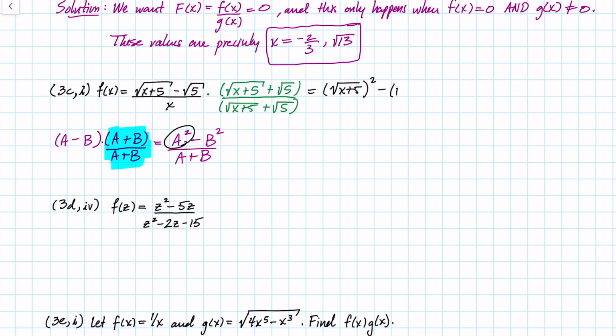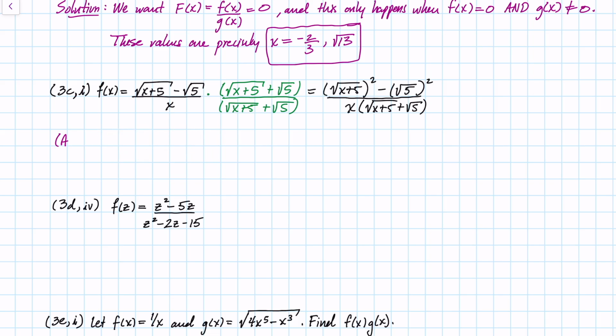So it's going to be square root of 5 squared, and then I'll have to multiply this term by the x that I have in the denominator. So this is going to be x times square root of x plus 5 plus square root of 5, okay? And I have to get rid of this stuff. I need a little bit more space.